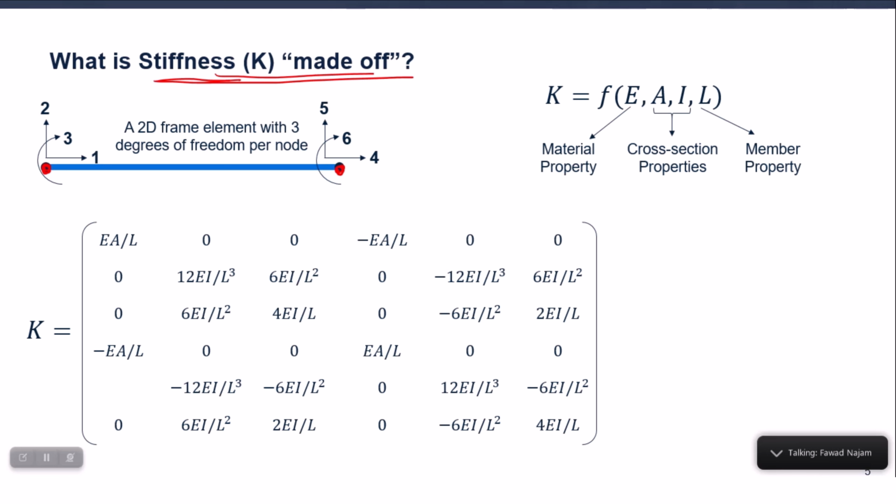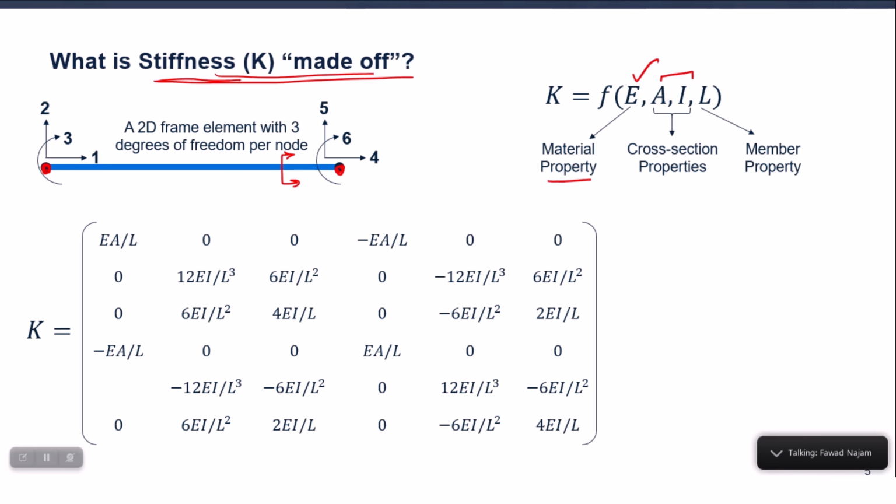If you look closely, the K matrix is constructed from 3 types of properties. One is elastic modulus, which is a material property, and the cross sectional area of the element. This must have some cross sectional area if you cut a section, right, and the moment of inertia, which is also a function of the cross sectional shape, right.